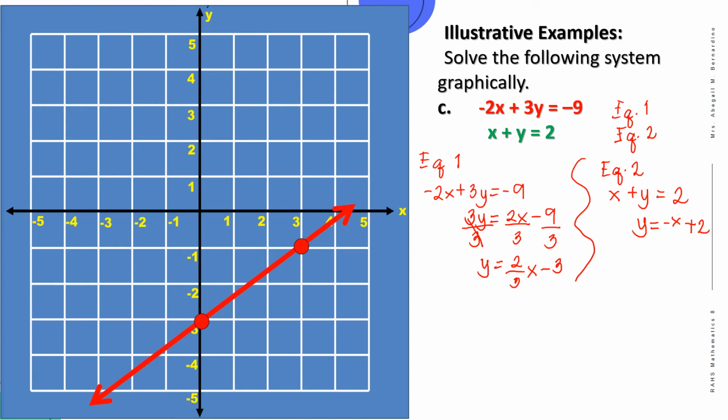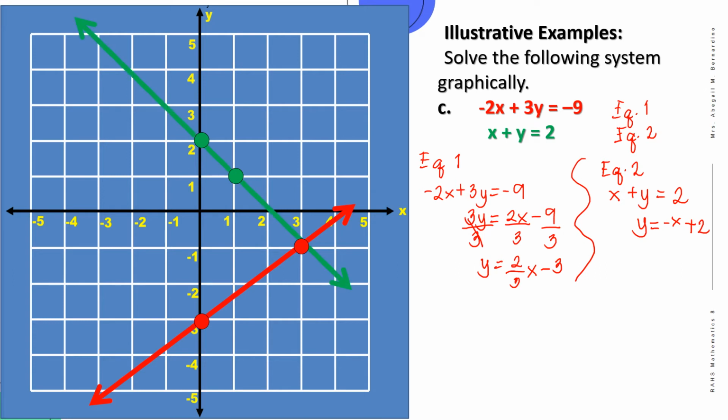For the second equation, we have a y-intercept which is positive 2, and we have a slope which is negative 1. We're going to move downward 1 unit and 1 unit to the right. Then connect the points.